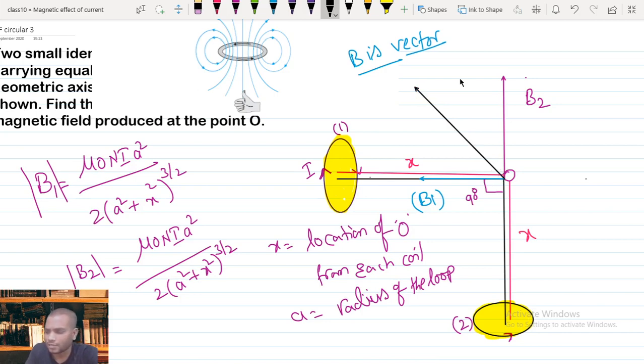So this is the resultant magnetic field B due to both the magnetic field due to the first coil B1 and due to the second coil B2. This makes an angle of 45 degrees.